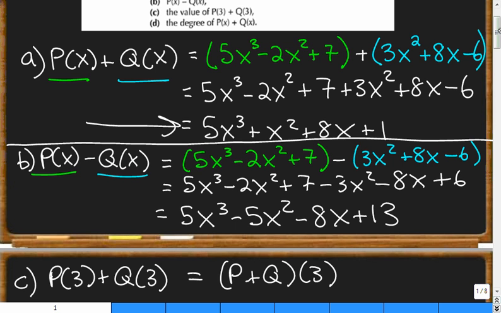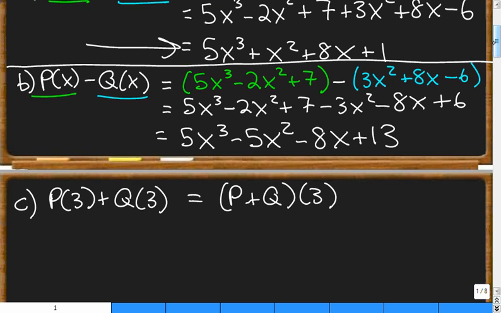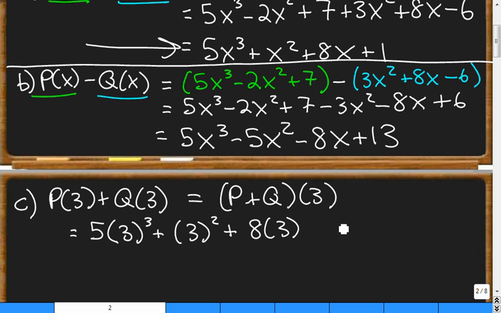Okay, so if we plug our 3 into this, we're going to get 5 times 3 cubed plus 3 squared plus 8 times 3 plus 1. Everywhere there is an x, we replace that x with a 3.